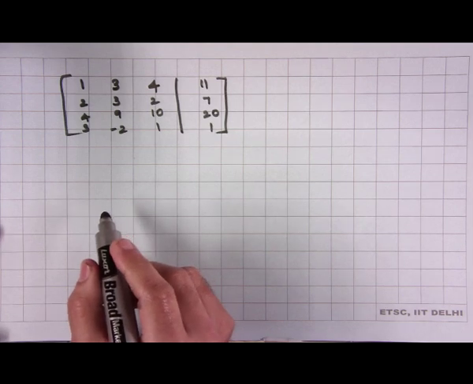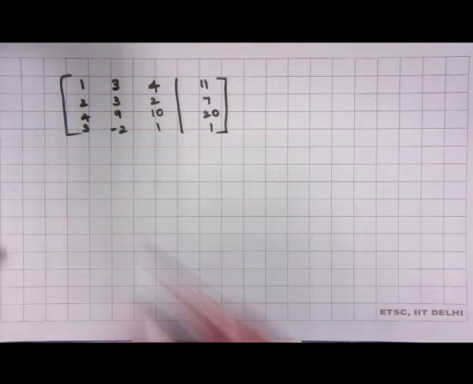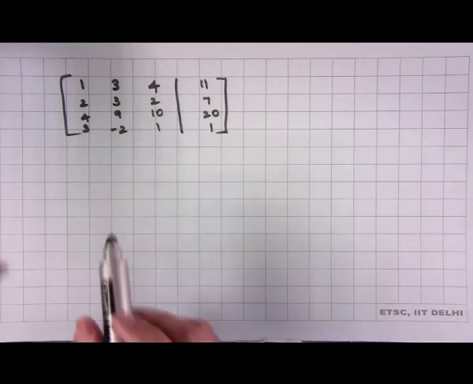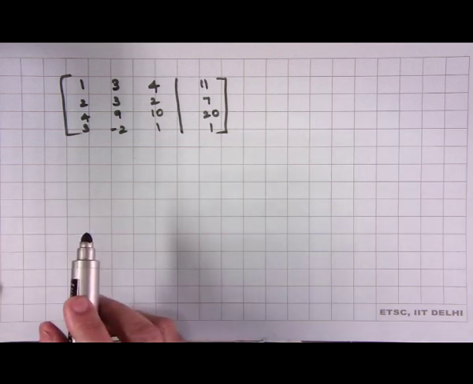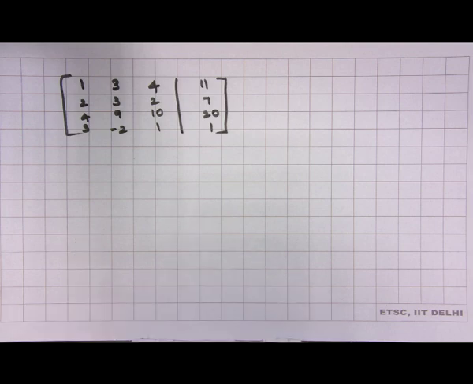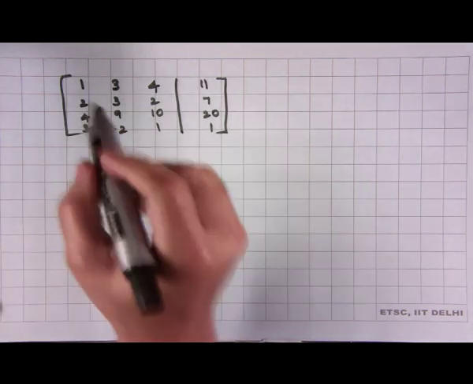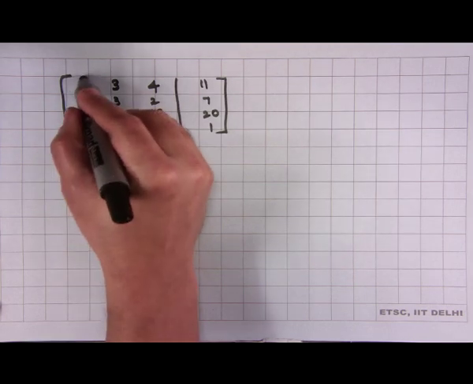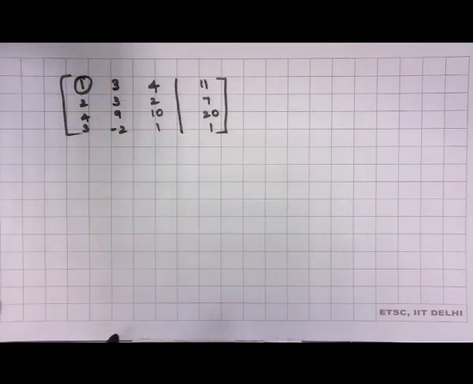Now, let us do the elementary row operations. Notice that there are no 0 rows, and therefore, look at the first row, the first non-zero element is 1. So, we do not have anything to be done.